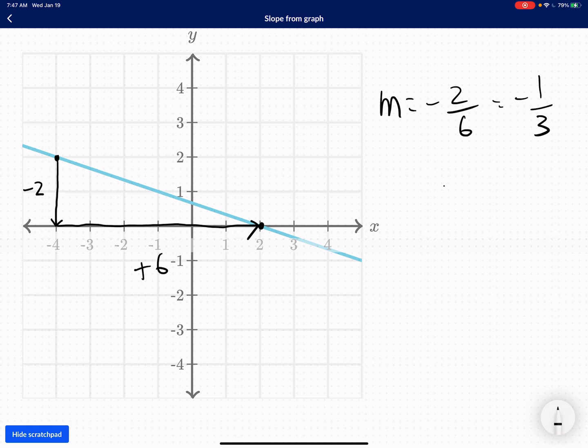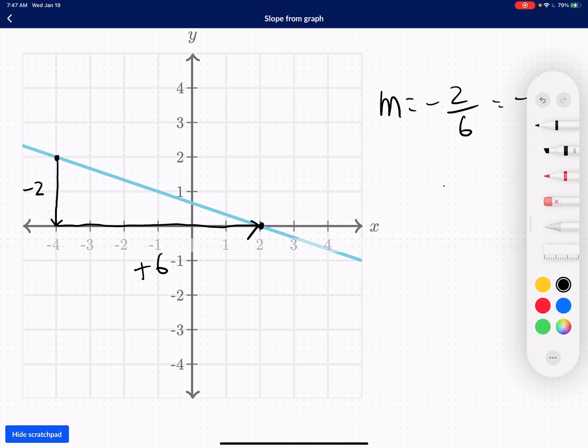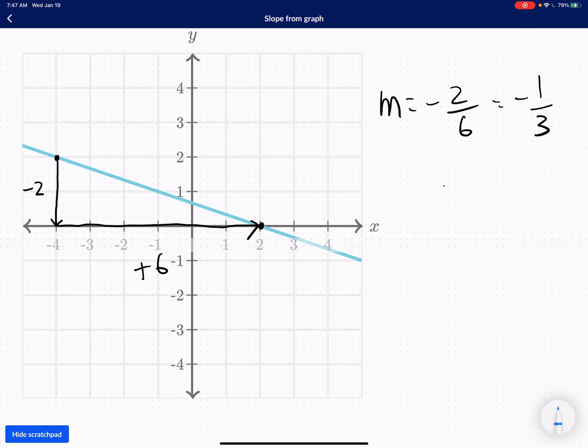Here we go. The reason why this is -1/3 also is because of this. You guys see that these 2 points are right here, right? But there's another point that's in the corner of a box right here. So let's take a look at this one. This is down 1, -1, and this is run 3.